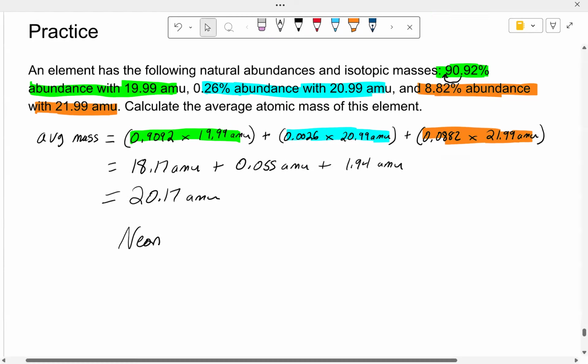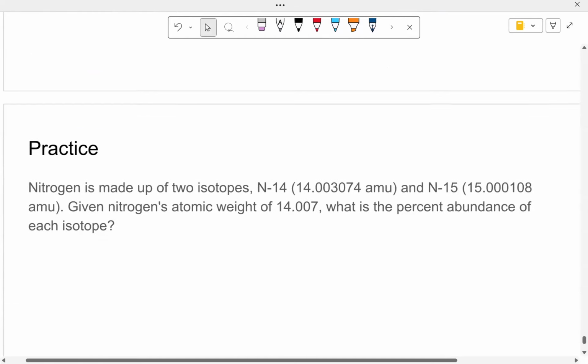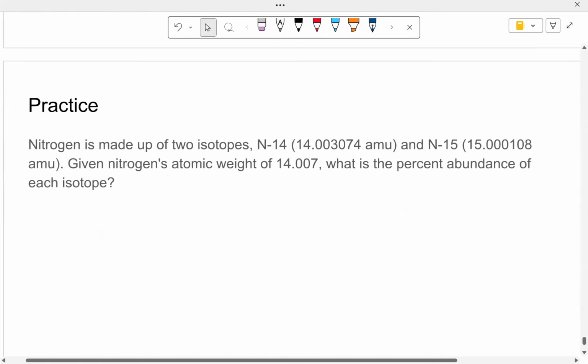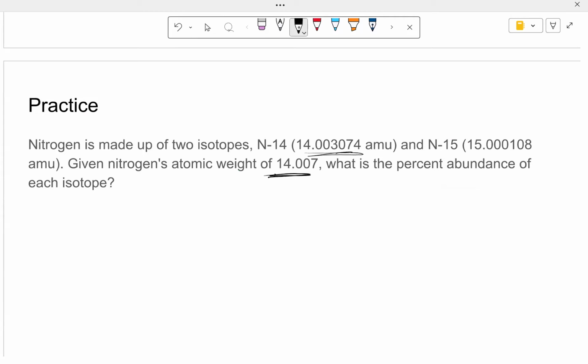Now the other type of problem that you should be able to do is find the percent abundance of a number of isotopes. If I give you the average atomic mass, and then the atomic mass of each individual isotope, you should be able to figure out what percent each of those isotopes exists.